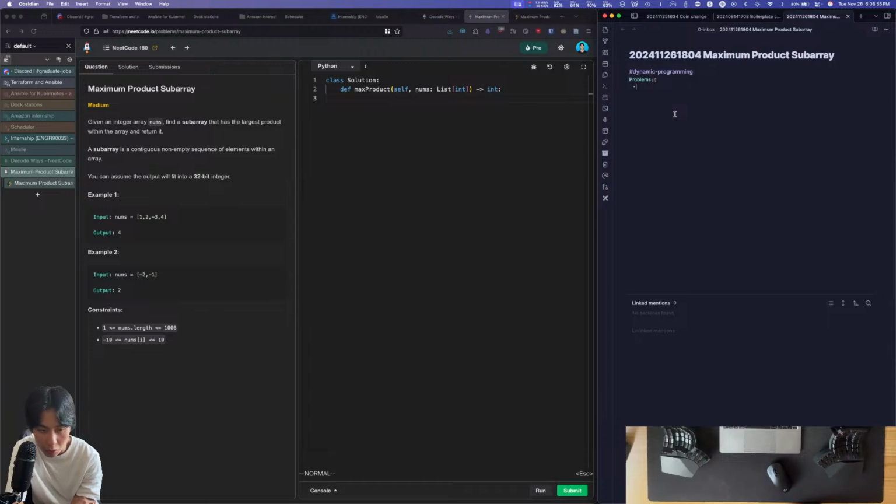Anyway, 2, 3, 4. And then you have negative 3, 2, 1, and 4. My thinking there would be go to negative 3. You can check the right side of it.